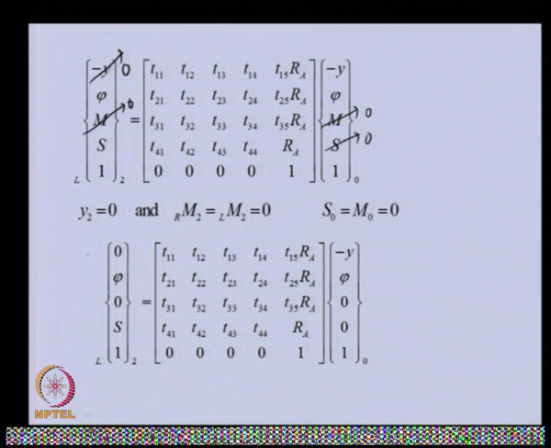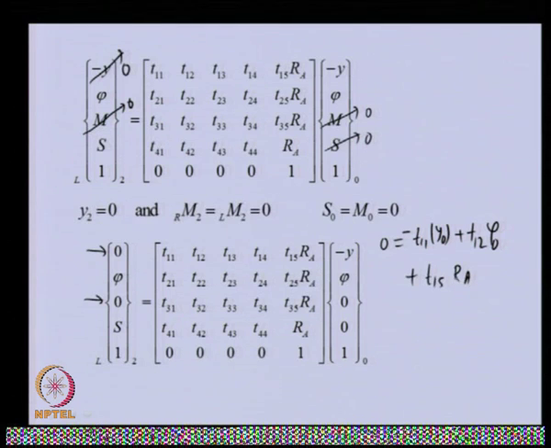We will be taking out the first row and second row equations from this, and if we write that, the first equation will be T11 minus y, multiplied with that, then T12 phi at 0 station, these are for the 0 station, 0 y 0, minus, I am taking out, and the other two terms are 0, multiplied by T15 into Ra, and that is multiplied by 1.